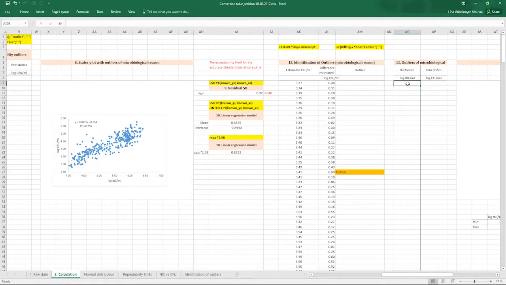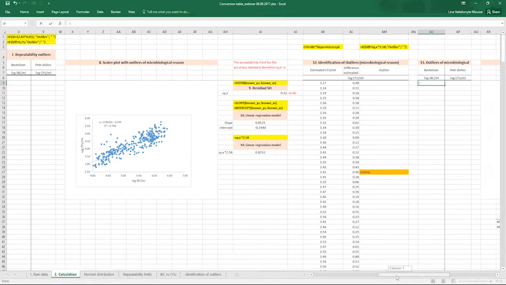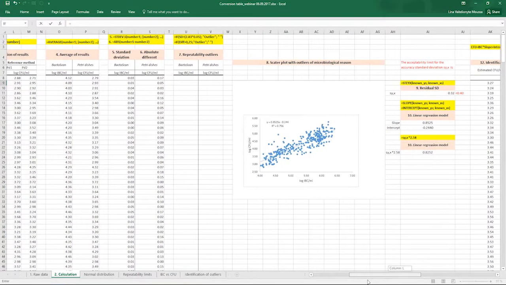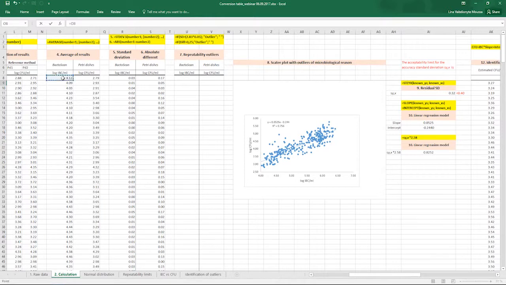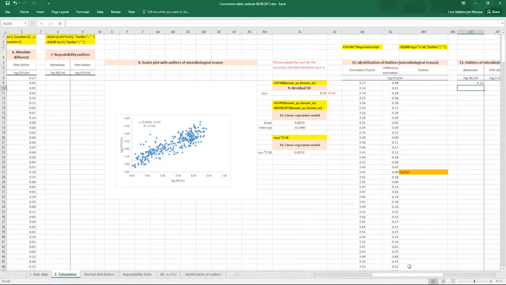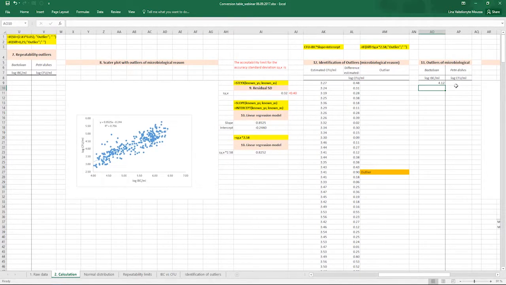So what do we do now? We are writing down logarithmic IBC per milliliter, the mean value, and then we have logarithmic CFU per milliliter, the mean value.